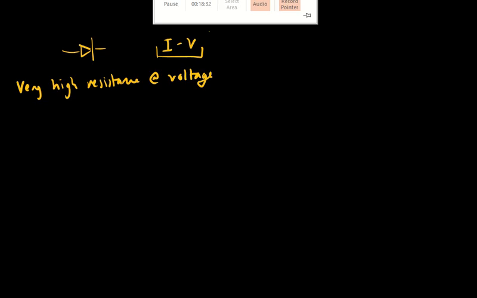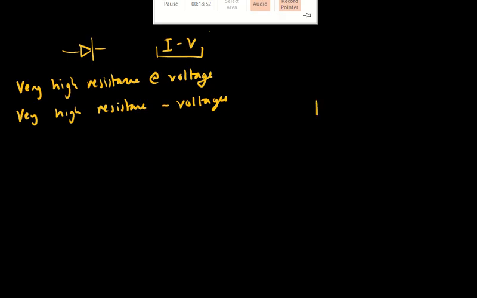And as well as that, it has very high resistance if the current tries to go in the opposite direction. So for this case, let's say at negative voltages.